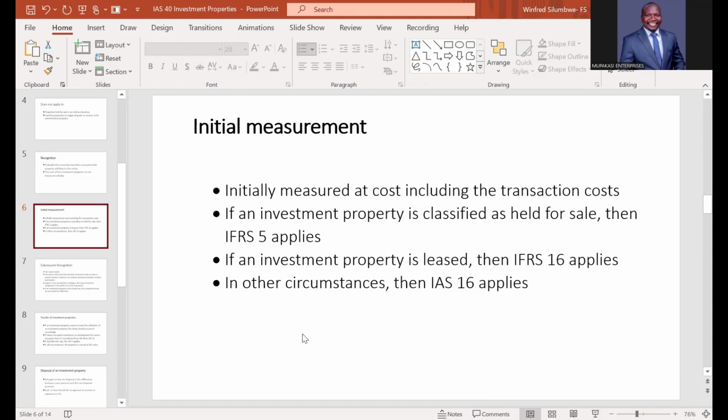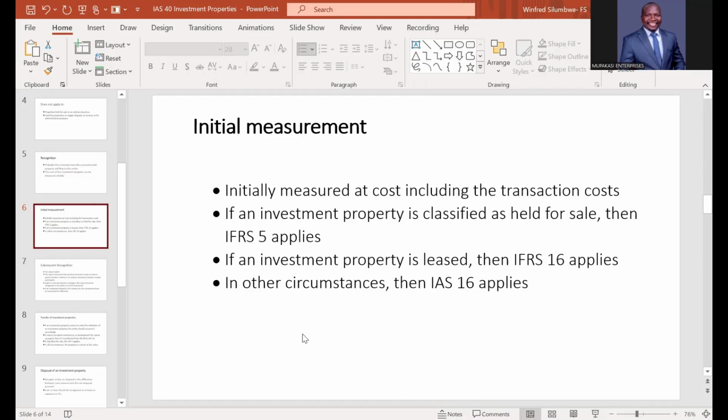If the investment property is leased out, then, like I explained, it now falls under IFRS 16. Let me give an example of tanker trucks. You find that people who own filling stations sometimes don't have trucks to transport their petrol and diesel or crude oil. So they will normally hire tanker trucks from someone else. They will lease the trucks.